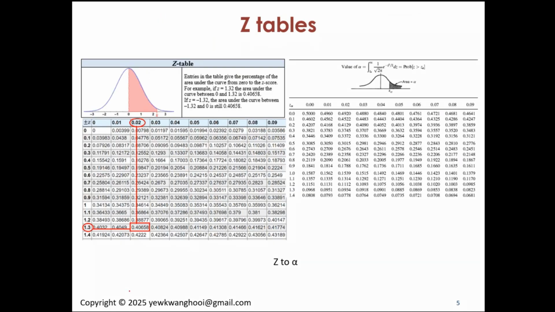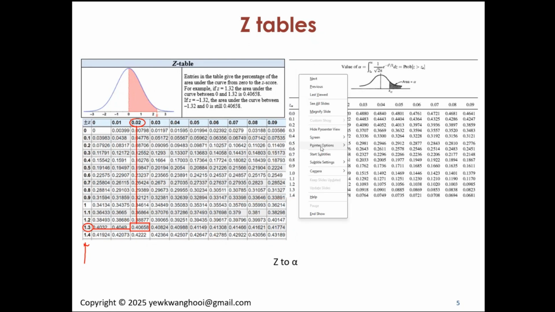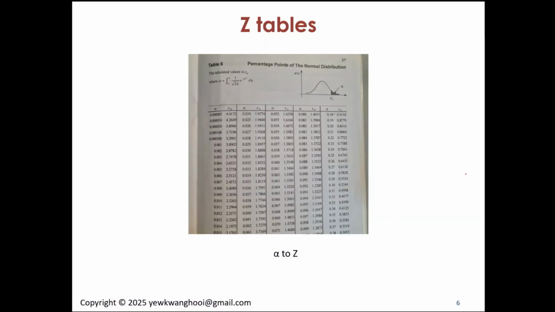You see on the table here, all these are Z. Now for this table, it's the other way around. All the Z values are in the center, and then we figure out the alpha on the first column.